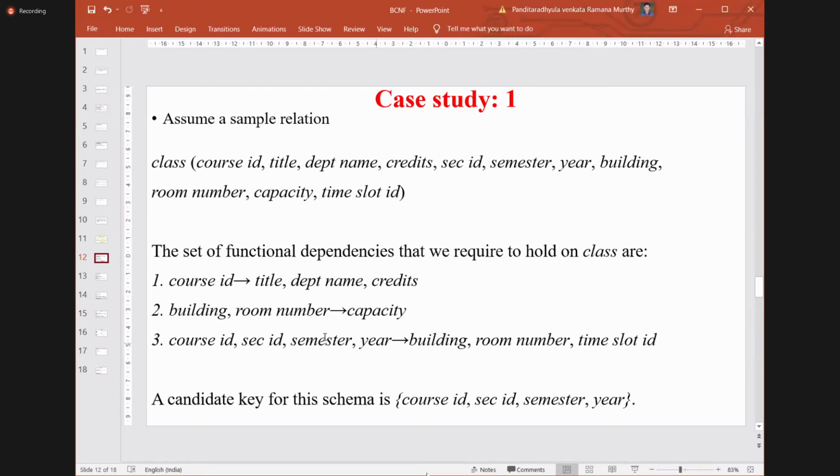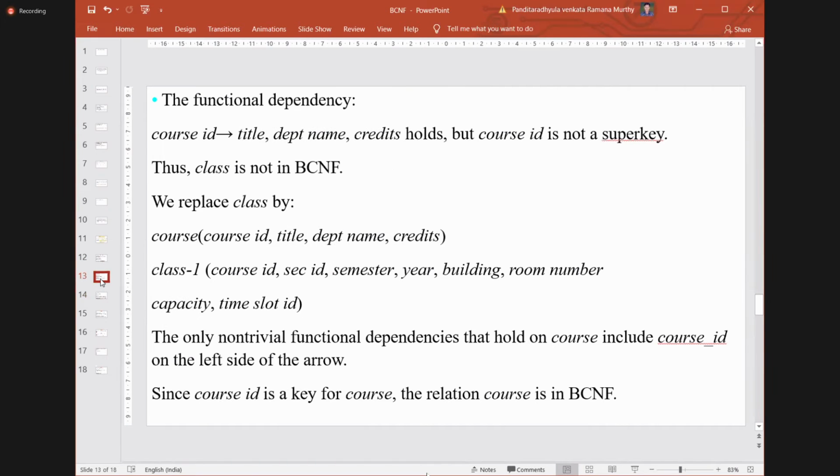If you know the left-hand side, the only question is whether you can make it a super key or not. But when you include class 1 along with the course ID, section ID, semester and year, for the same course ID and section IDs, we can have the buildings, room number and capacity.